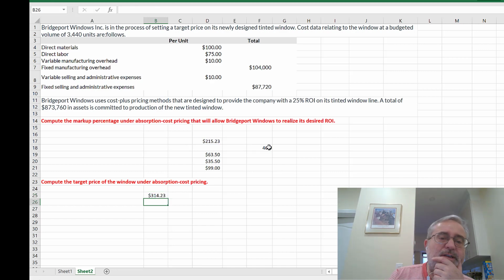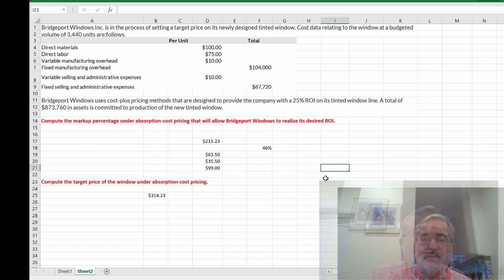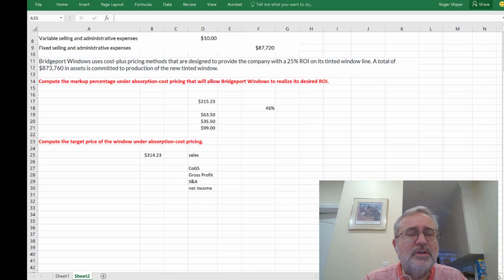And we're going to get a price of $314.23. So what we're now looking at is our selling price of $314.23. Let's now go through the calculations and just validate that what we came up with actually works.